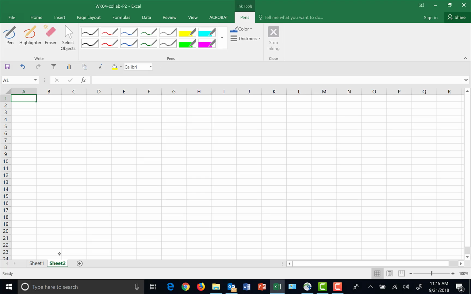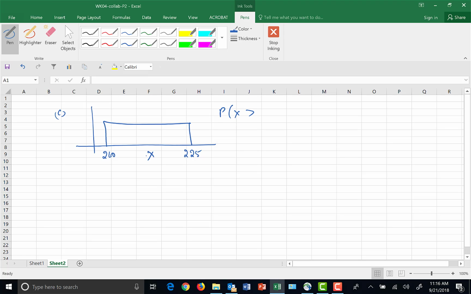let me go to a fresh page. So there's a uniform likelihood that she will get between 200 and 225. Part C says, what is the likelihood that the offer she gets, X, is less than 210,000?